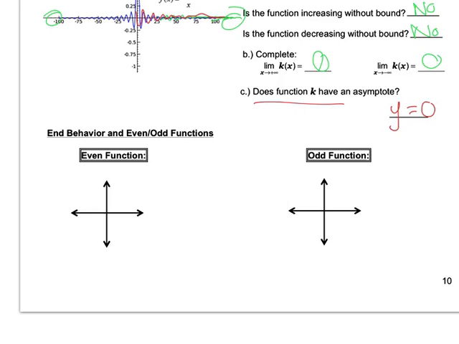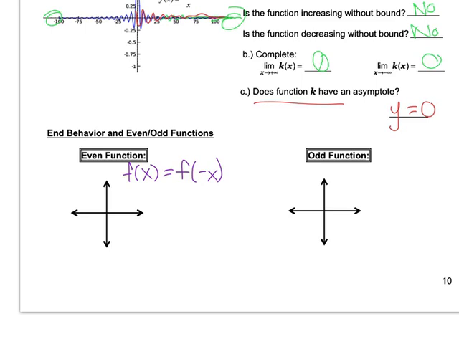So an even function, there's a couple ways you can talk about it. We can talk about the formal definition, and then we'll look at the graph of even functions. And a function is even, so we'll call our function f, if f of x, so any x value I plug in, the y value for that would be the same as if I plugged in the negative version of that x value.